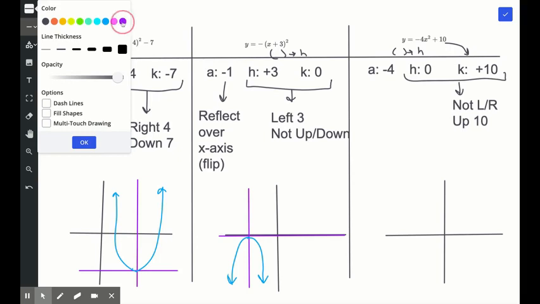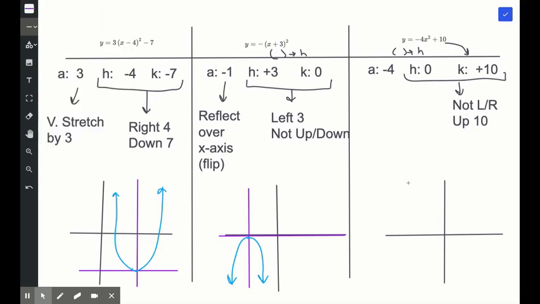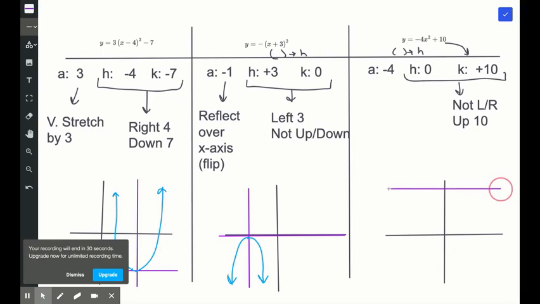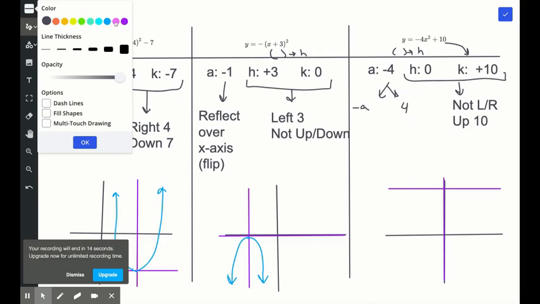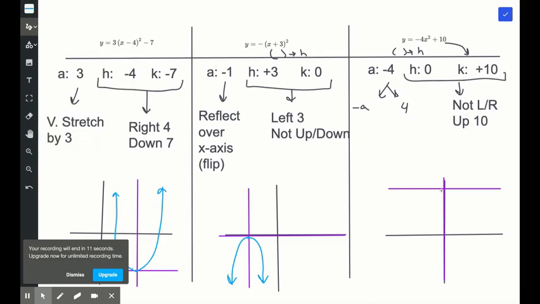It's not your final answer, but I should have some awareness that I'm going up 10, left and right nothing, and then my A value, importantly, is doing 2 things. The -A is doing one thing, and the 4 is doing another thing. The 4 means it stretches, and the -1 means it flips. So together, we should be aware that it's going down skinny. It's going down real fast, stretch by 4. I don't have time to type it, but this is flip, and this is stretch.